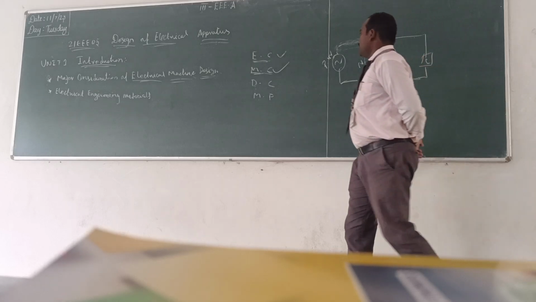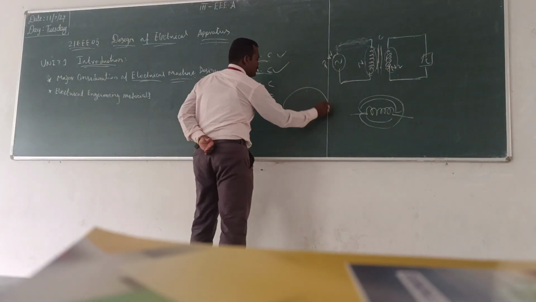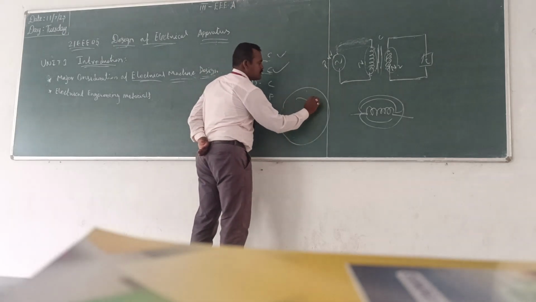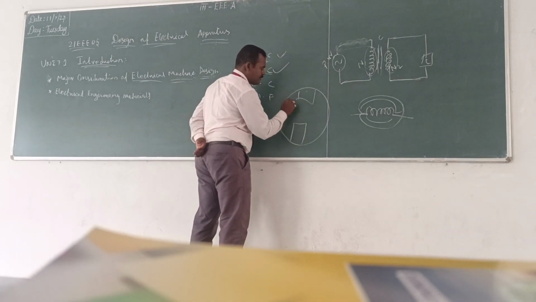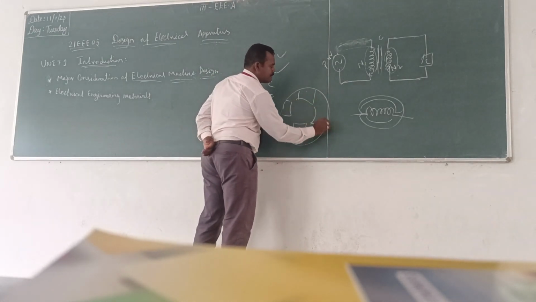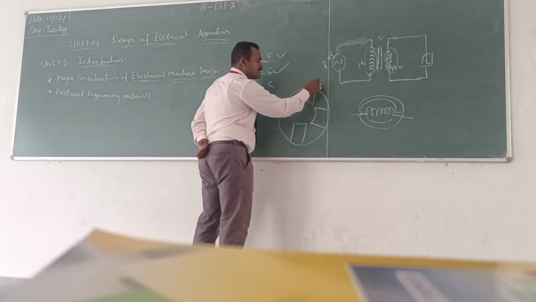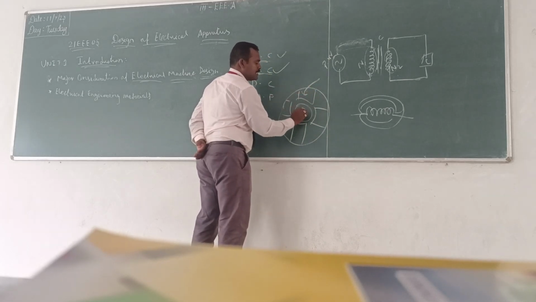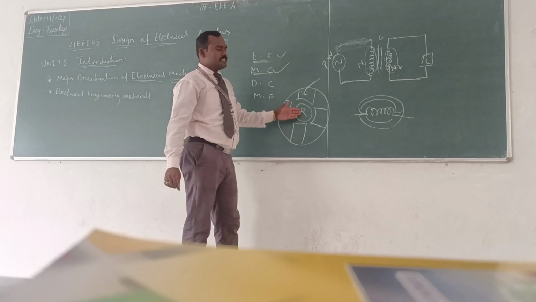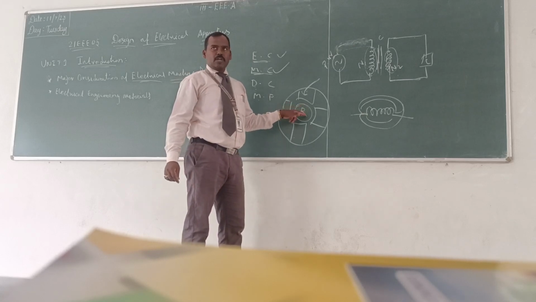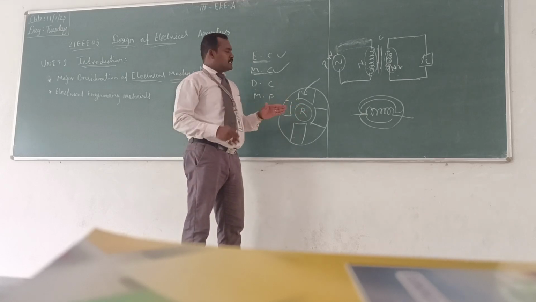If you consider the same thing in rotating machines, here the stator is the primary winding, and here the rotor. In some machines we have a winding in the rotor, based on the classification.